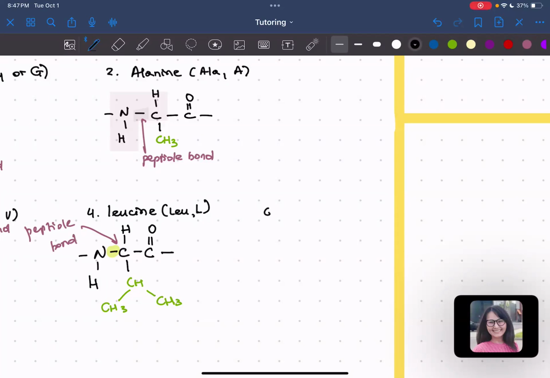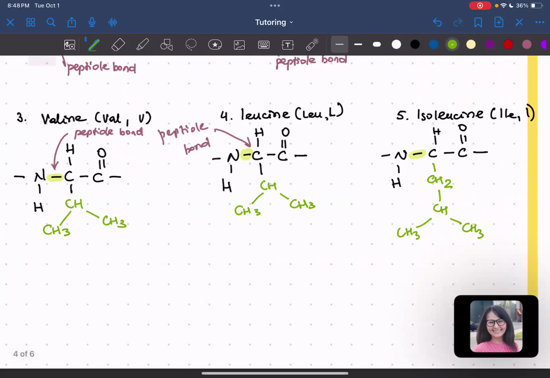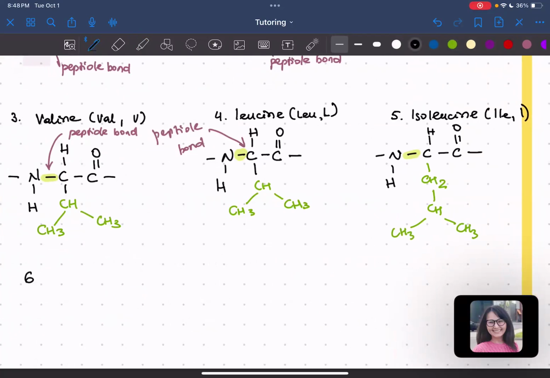Not 6, it's 5. The second would be isoleucine. And it's the same tail, oxygen, hydrogen, hydrogen. And then we're going for CH2, CH3, CH3. Again, where is our peptide bond? It's right here.